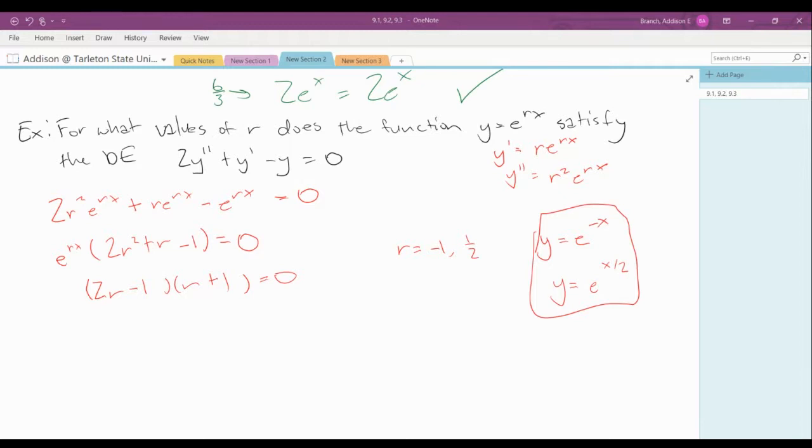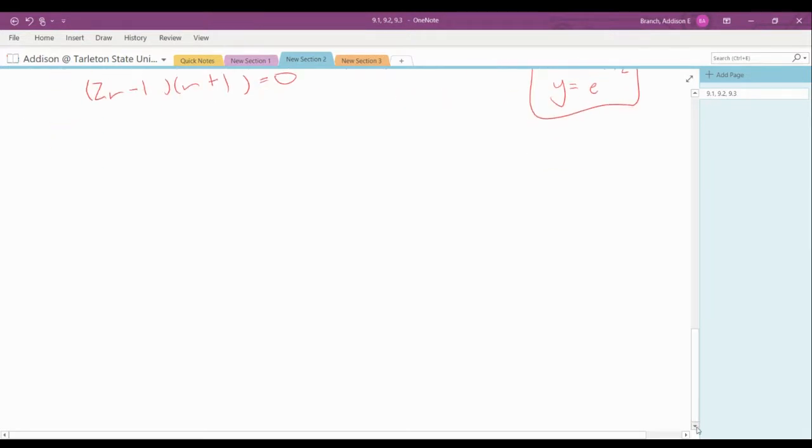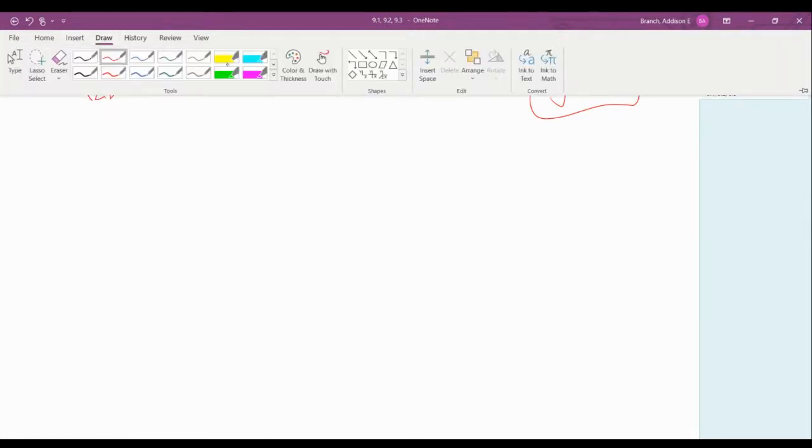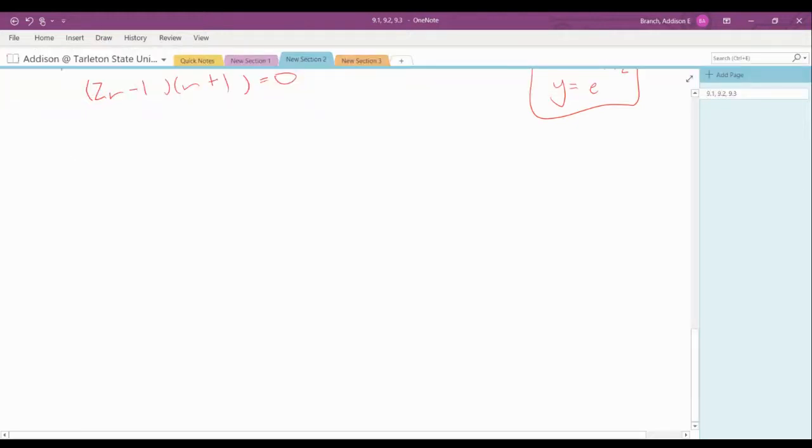Now that we've done that, there's one other aspect we can talk about. We've gone over basic differential equations, and there's one other pretty simple aspect to these. One little subset of differential equations is called initial value problems.